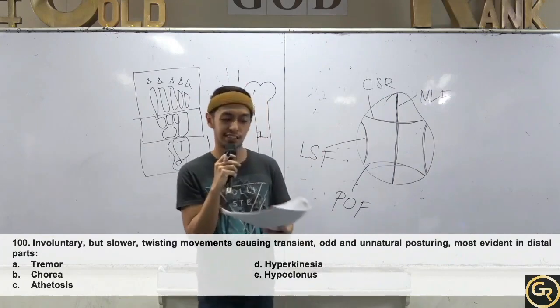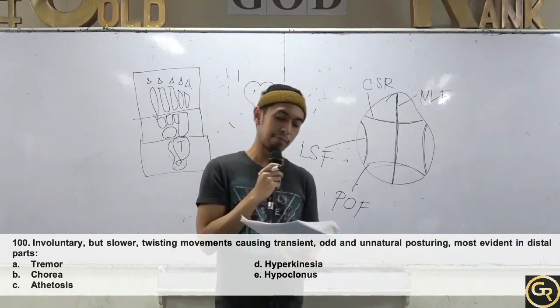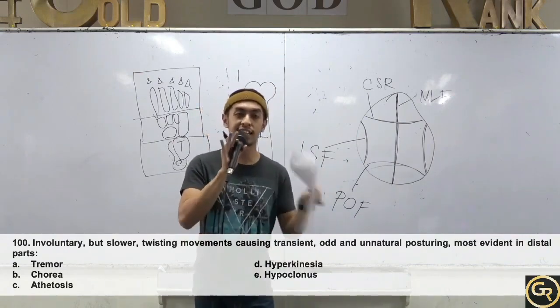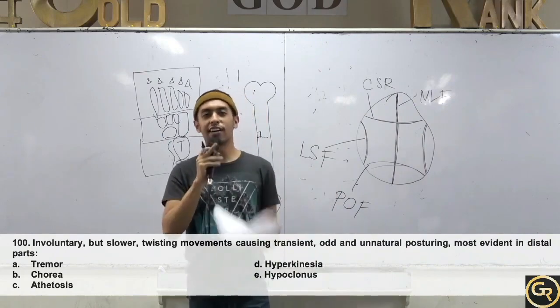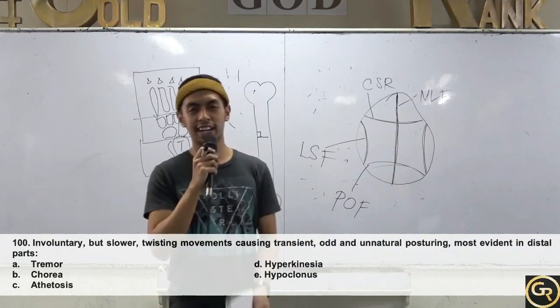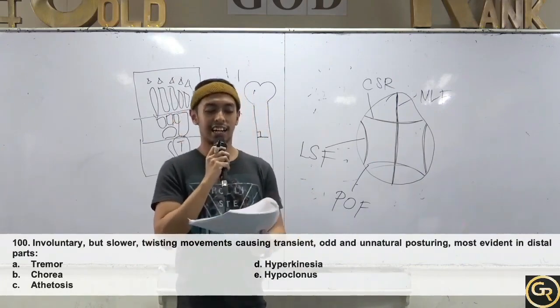This is best known as your athetosis. Tama po ba? Okay? Kapag po involuntary twisting but slower movements at the distal extremities, okay, this is described as your athetosis. Okay? So for our last number, number 100, it's your letter cat.